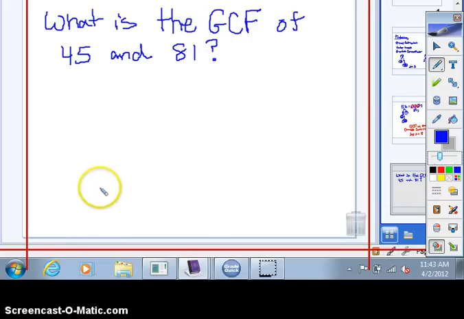Well, before we can find the greatest common factor, it helps a lot of times to find the prime factorization. The prime factorization of 45 is what? What definitely goes into 45? 5. 5 times 9. And then 9 is 3 times 3. So my factors for 45 are 3 times 3 times 5.